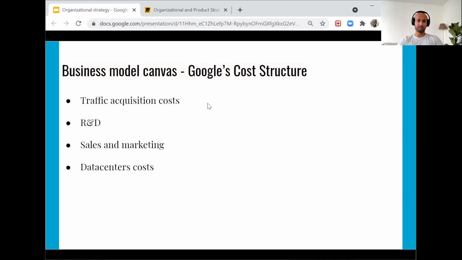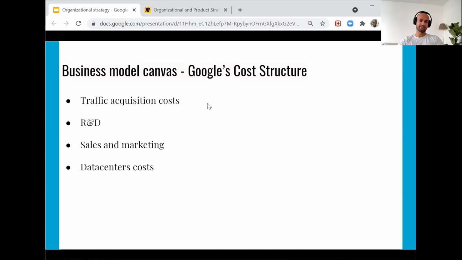They also spend money on research and development, as I was talking about with the algorithm updates, right? They spent around $16 billion in 2017 alone, just to research and update their algorithm. They also spend on sales and marketing. It's roughly, for the year of 2019, 12% of their total costs.